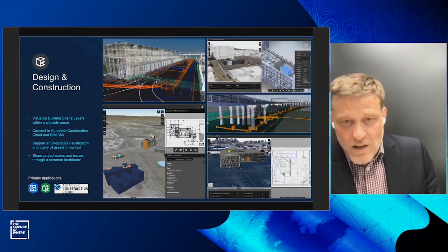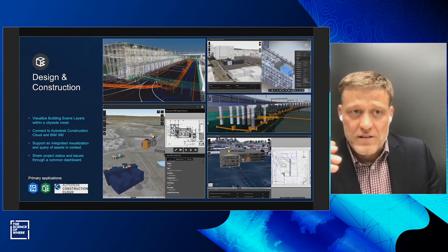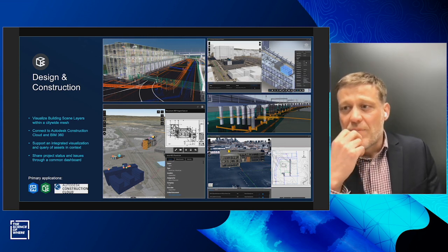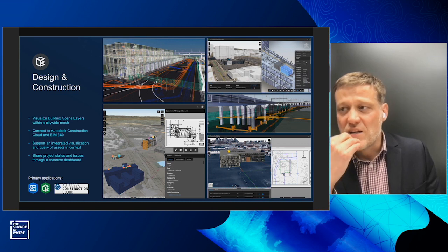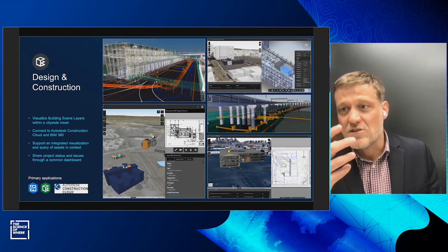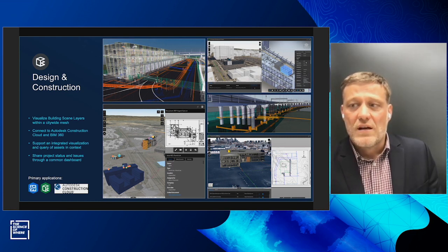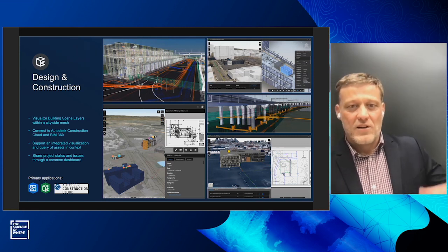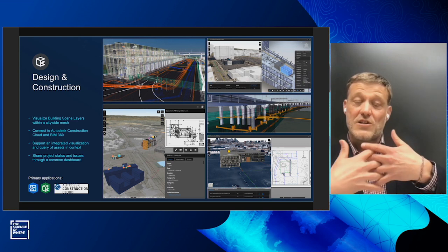The next one to think about is the design and construction twin. And GeoBIM, in this case, has become a very important concept and challenge that Esri and Autodesk partnered to help solve. And this is interesting because many, maybe you as well, think that connecting BIM and GIS is a good thing.